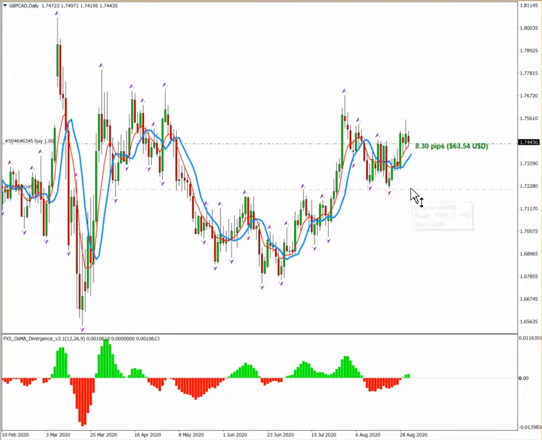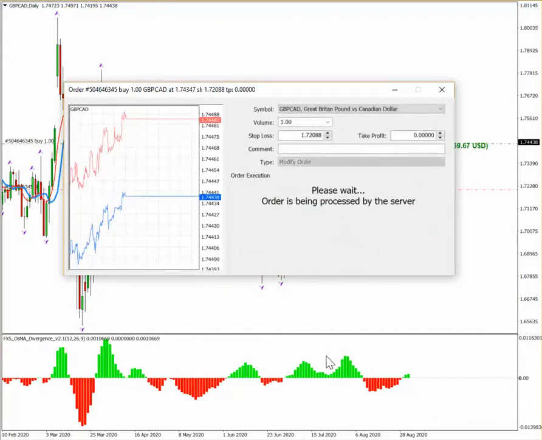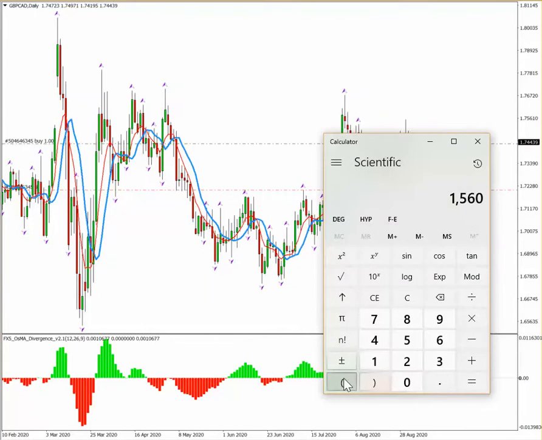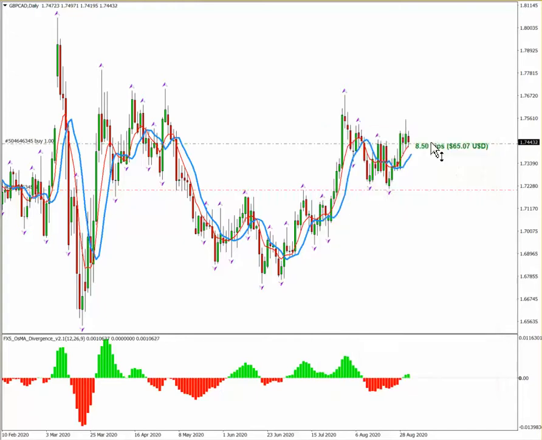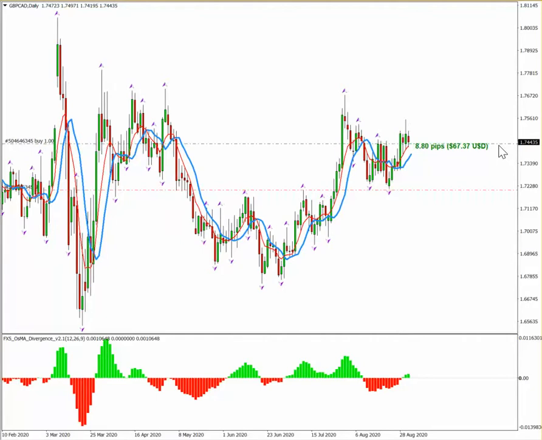Do it quickly here. 22.60, and that would be 60 times 1.5. That's 33.90. Just do 33.90. There we go.